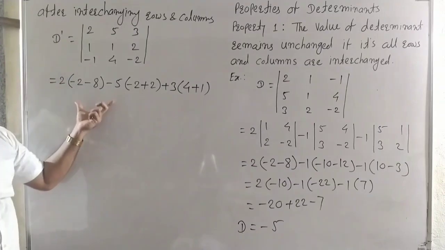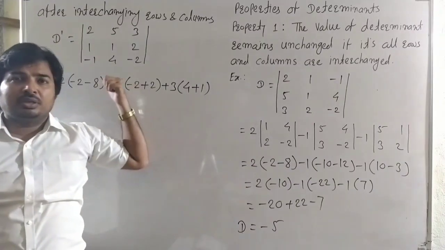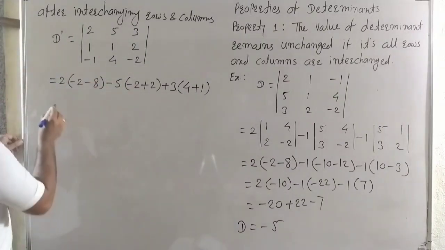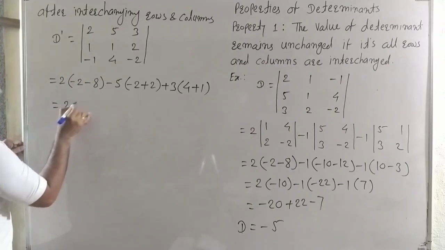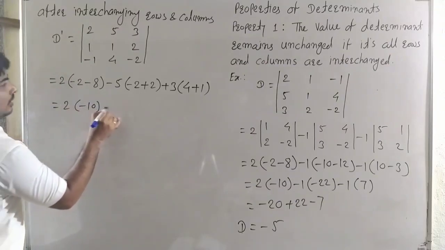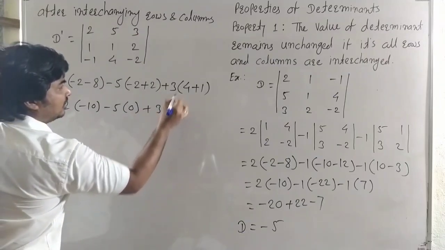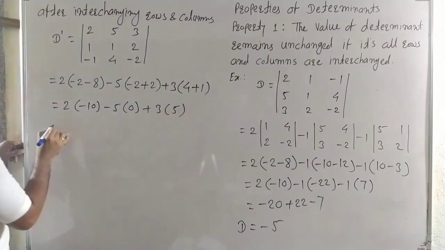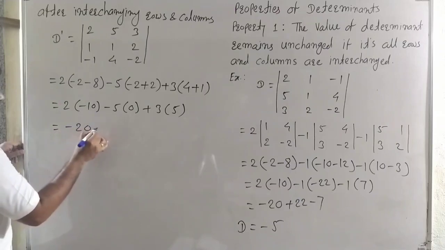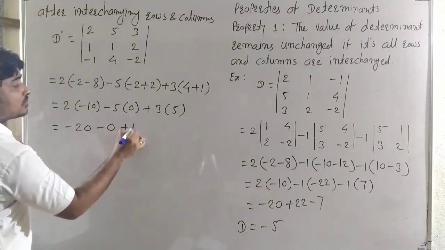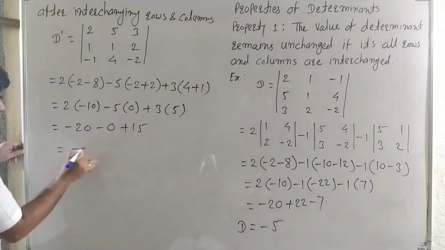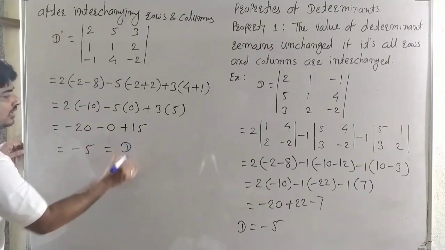Here we can directly write, this step need not be written here. Now it is 2 into -10, -5 into 0 and plus 3 into 5. Then it is -20, -0 and +15, and again it is -5, the original determinant.